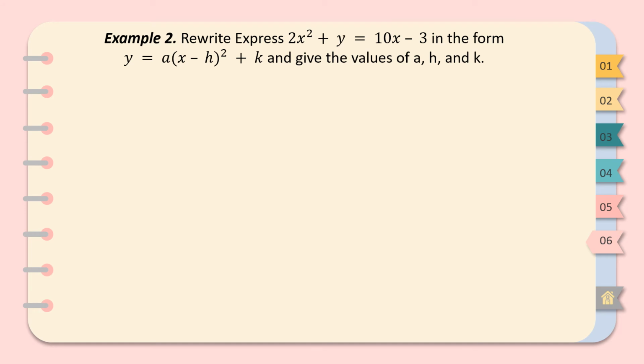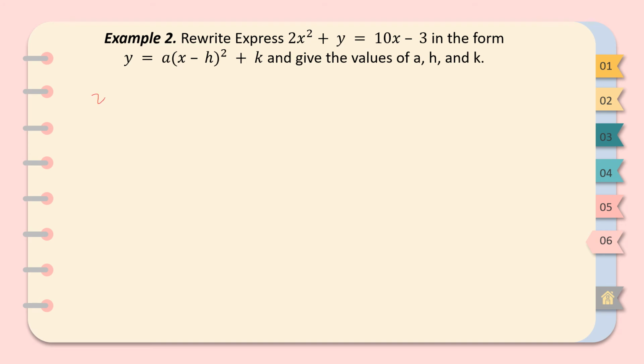Paano naman po ang gagawin natin for our solution number 2? So, we need to rewrite the expression 2x squared plus y is equal to 10x minus 3 in standard form. Y is equal to a quantity x minus h squared plus k, and give the values of a, h, and k. So, first is we need to convert this one.